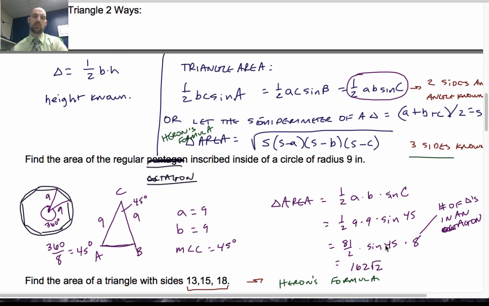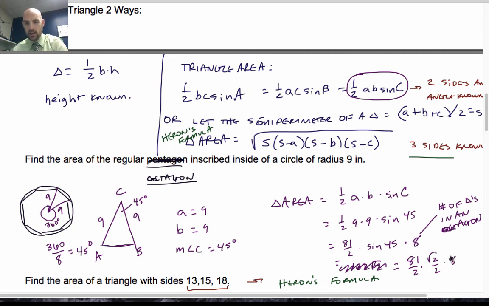Because sine 45 would be root 2 over 2. Let me explicitly lay that out because that's confusing. Times root 2 over 2. So that's the sine of 45. So 81 over 2 times the sine of 45, which is root 2 over 2, times 8.